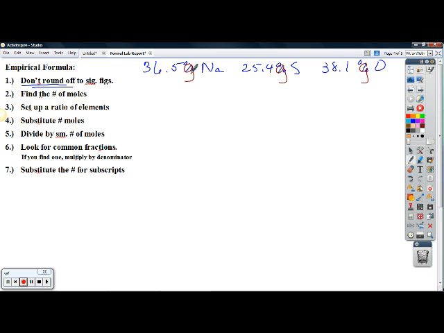Now the first step says find the number of moles. Can you change grams to moles? Yes, I hope so. We've been doing this for a while, haven't we? Grams to moles.